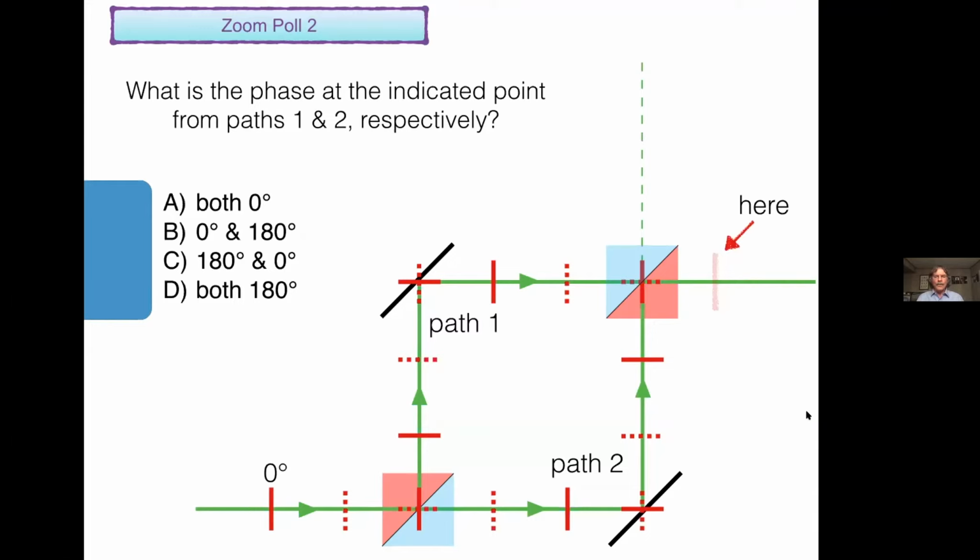And that's only when you reflect red to red. So it's 0, 180, 0, something. And here it's 0, 180, something.